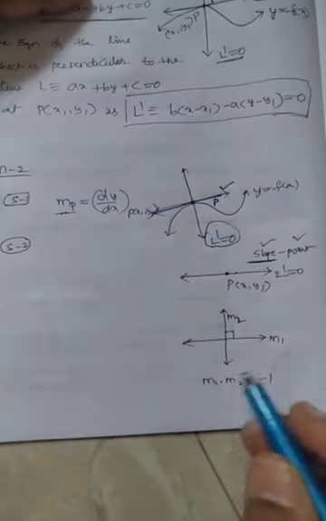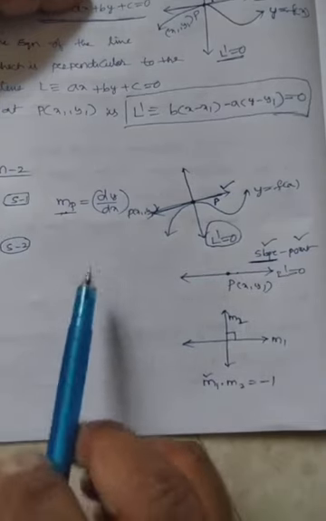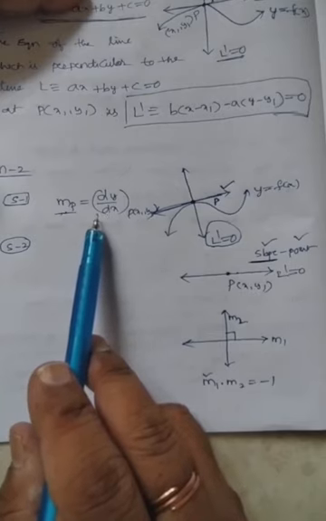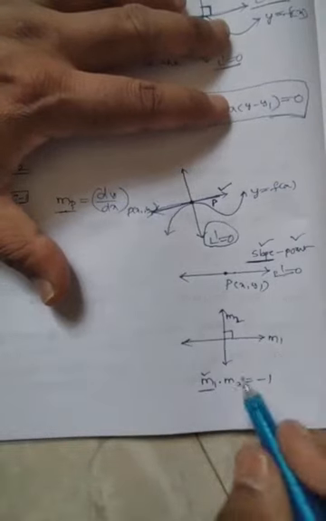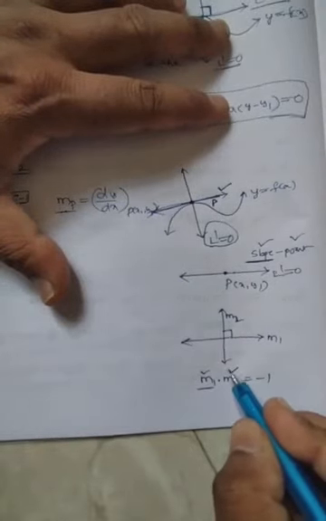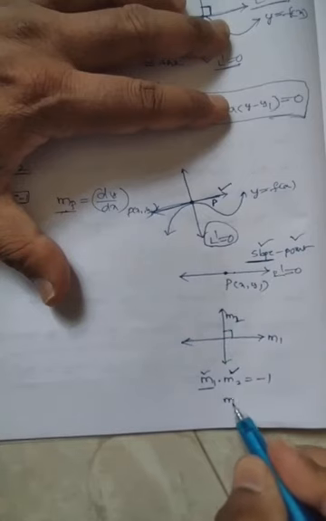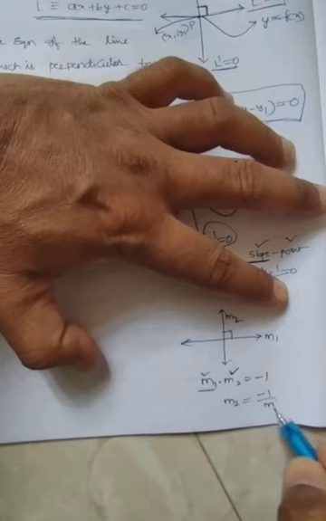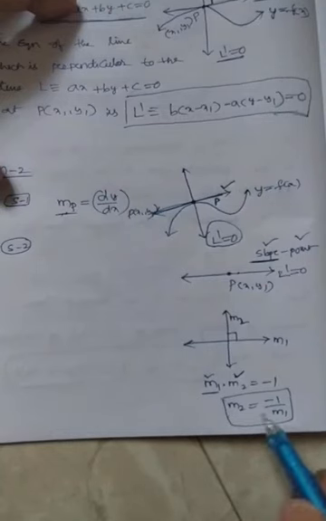If m1 is the tangent line slope and m2 is the normal line slope, we can find m2 using the formula -1 by m1.